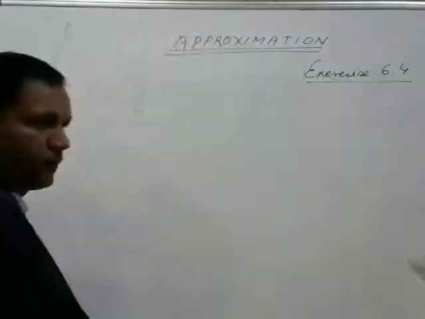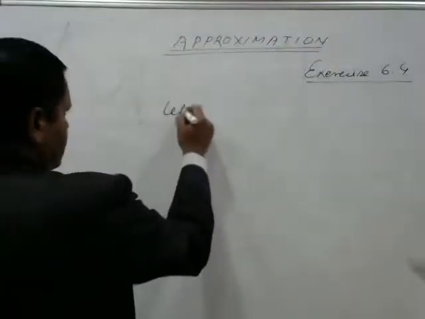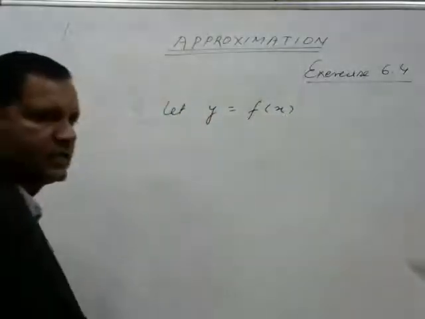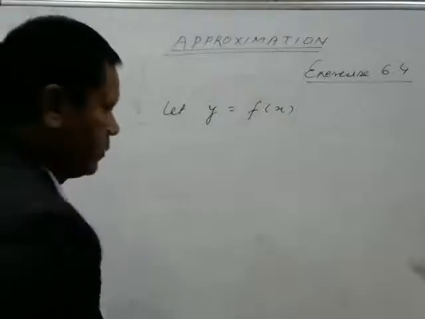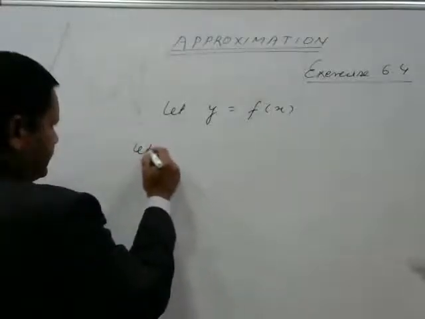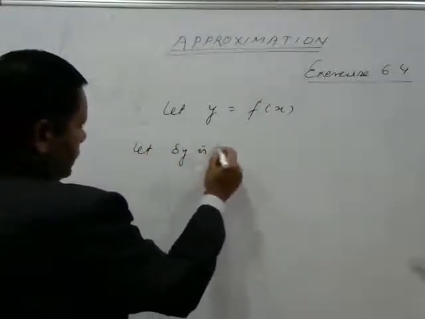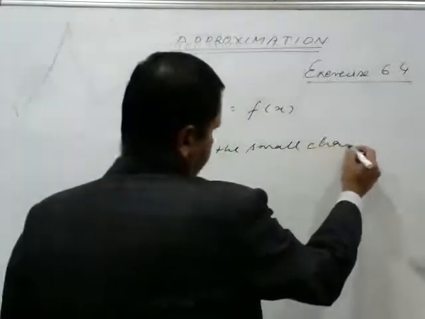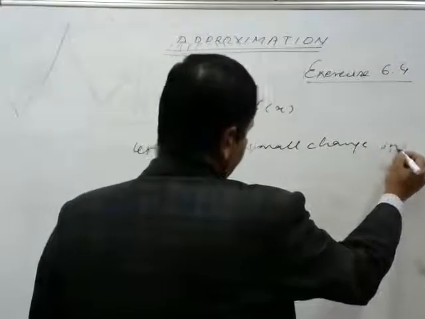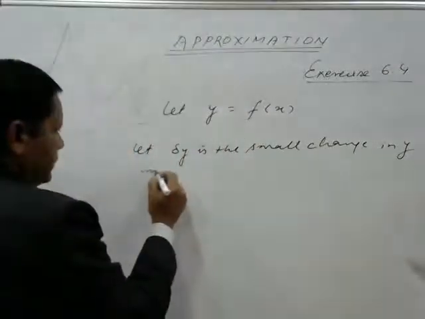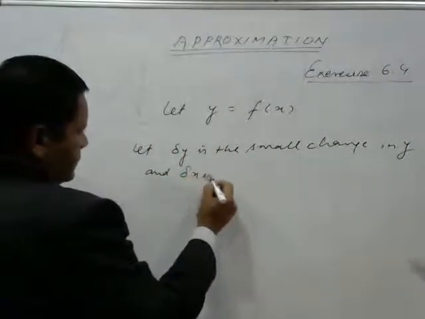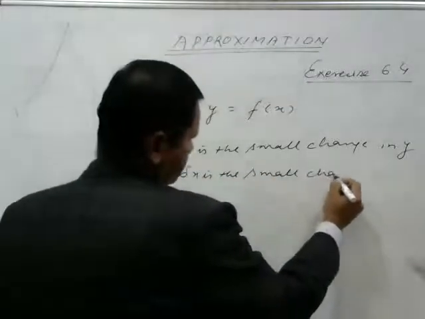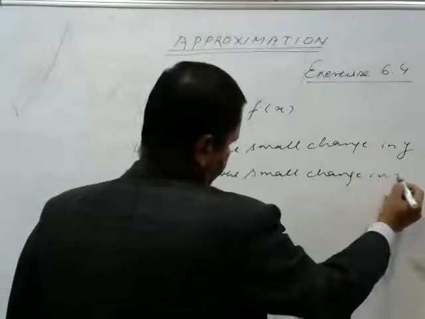Let y is equal to f of x be a function, and if there is a small change in y, that is delta y, let delta y be the small change in y and delta x be the small change in x.